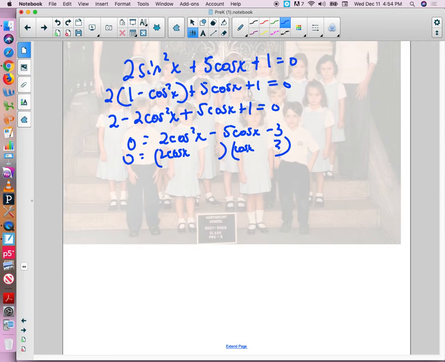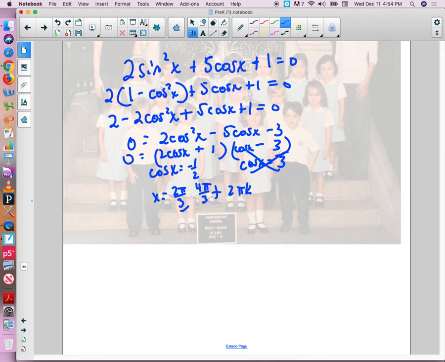Let's see, this needs to be 3 and 1. And this would be minus and plus. All right, on this side, cosine x equals 3. Can't happen, so that doesn't help any. Here, cosine x equals negative 1/2. So that means my angle could be 2 pi over 3 or 4 pi over 3 plus 2 pi k, where k is any integer.